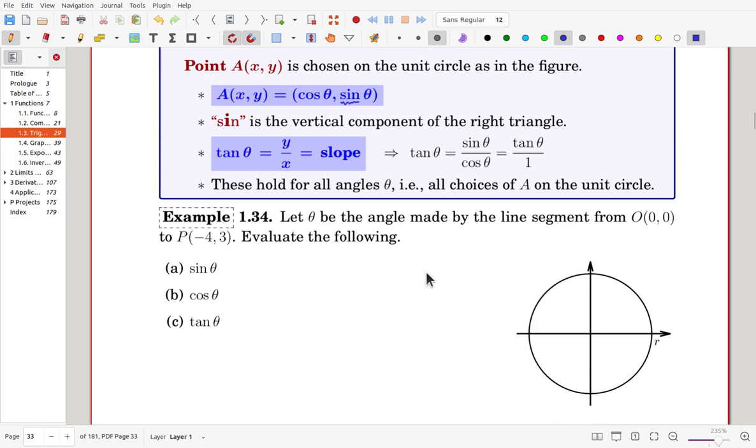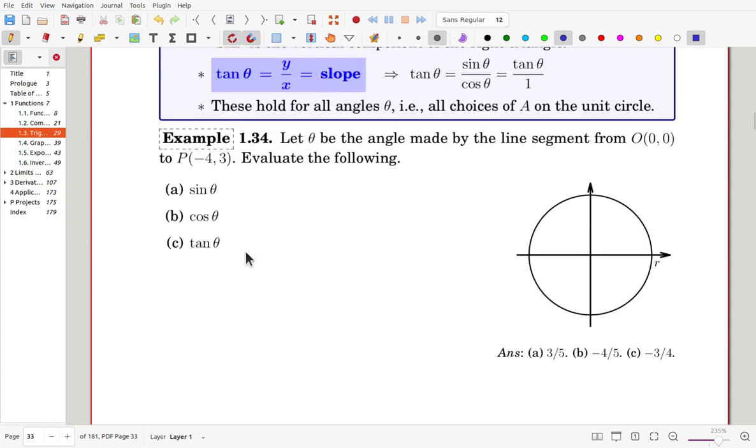Now in this example, we want to evaluate the values of sine theta, cosine theta, tangent theta for the point P at minus 4 and 3. The x component is minus 4, the y component is 3.